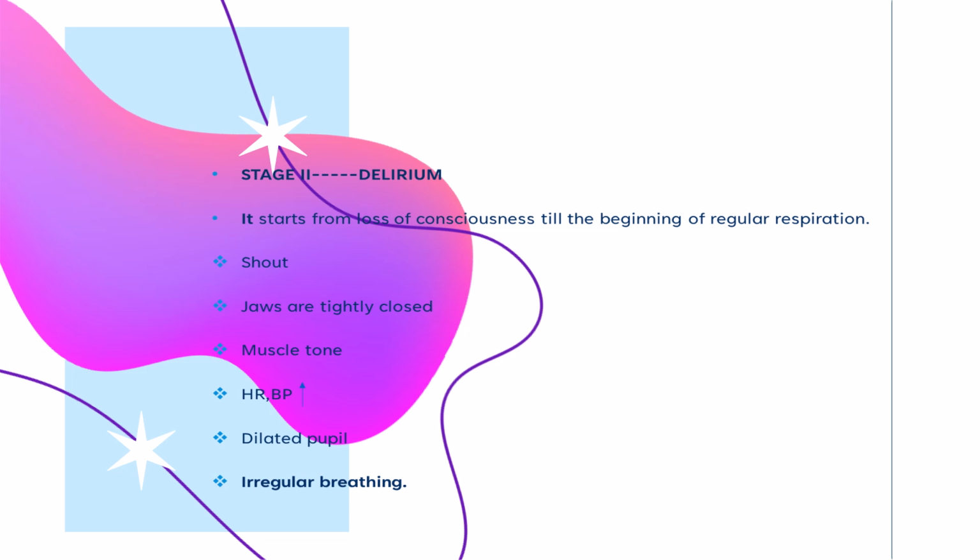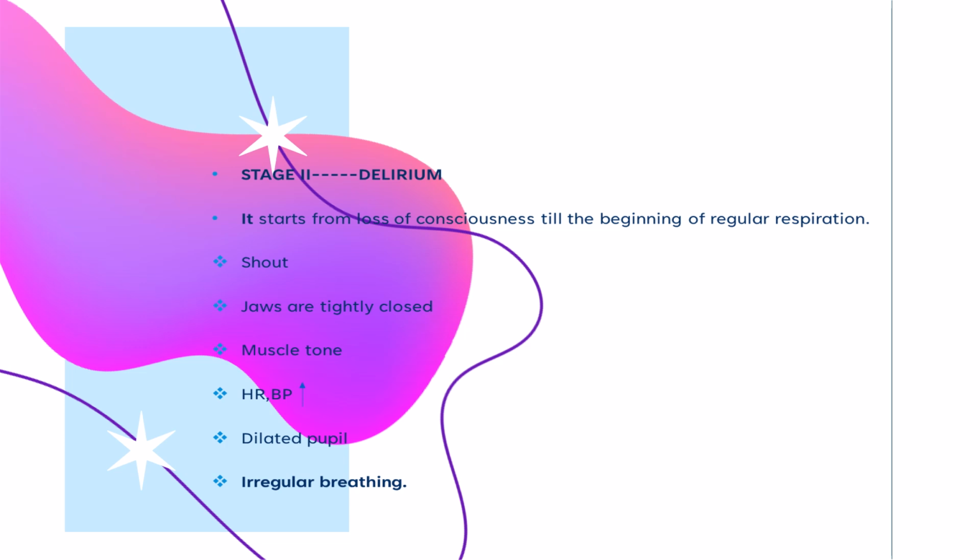The characteristic features the patient reveals are shouting, making a loud noise, and the jaws are tightly closed, stiffening. The muscle tone is increased, and heart rate and blood pressure are increased.